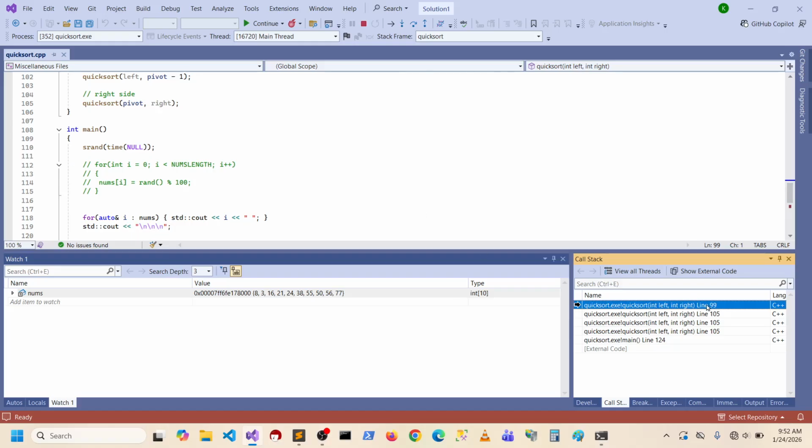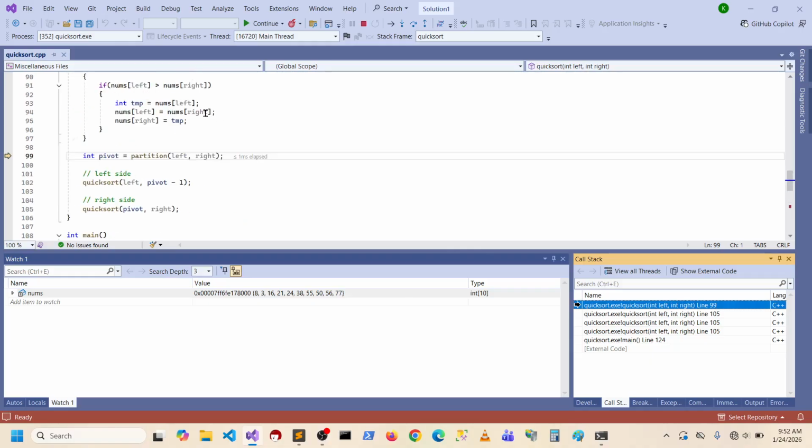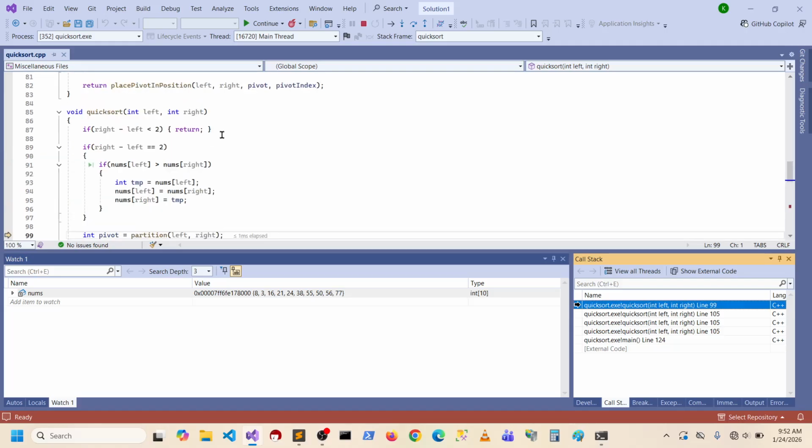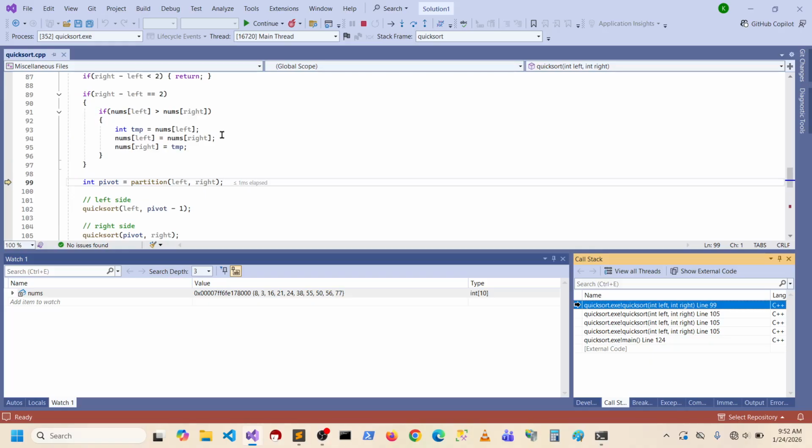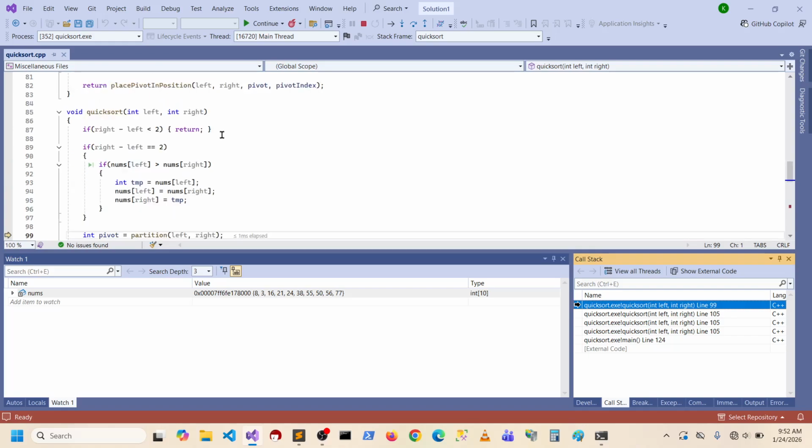Five. So we came from here. Because on that call, it should have been. So I'm thinking that should have swapped here. 8 and 3.